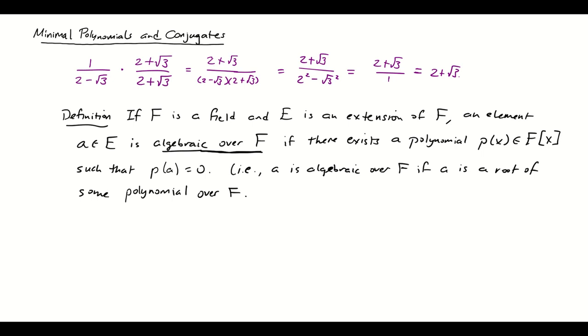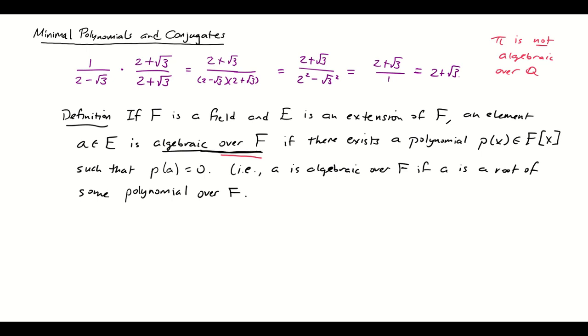So that's what it means to be algebraic over F. And this modifier, over F, is absolutely necessary. One thing we're not going to prove right now, but which serves as a good example, is that pi is not algebraic over Q. Another way of saying that is that pi is what we call transcendental over Q. When people say that pi is a transcendental number, that's what they usually mean: it's not an algebraic number over the rationals.